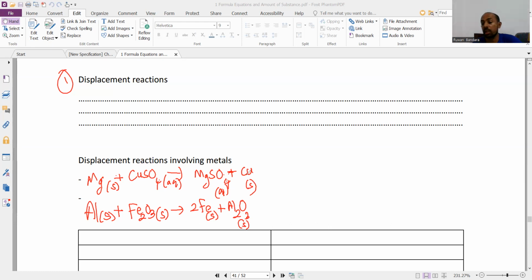What are the similarities, first of all? What are the similarities in these two reactions? Yes. Let's compare the similarities. Shanil, what are the similarities that you can see here in these two reactions?